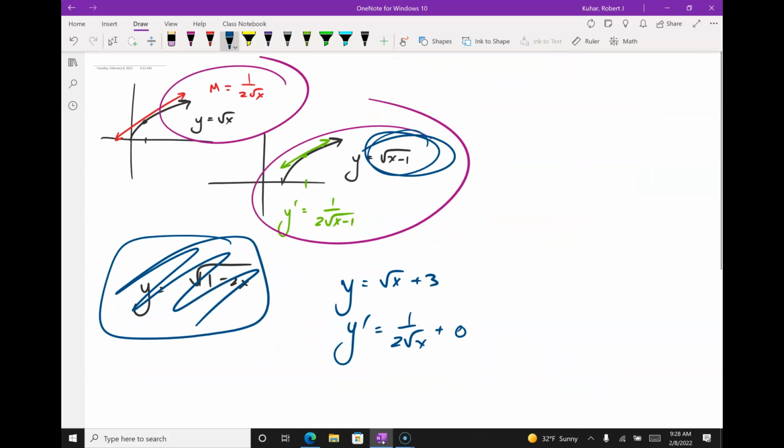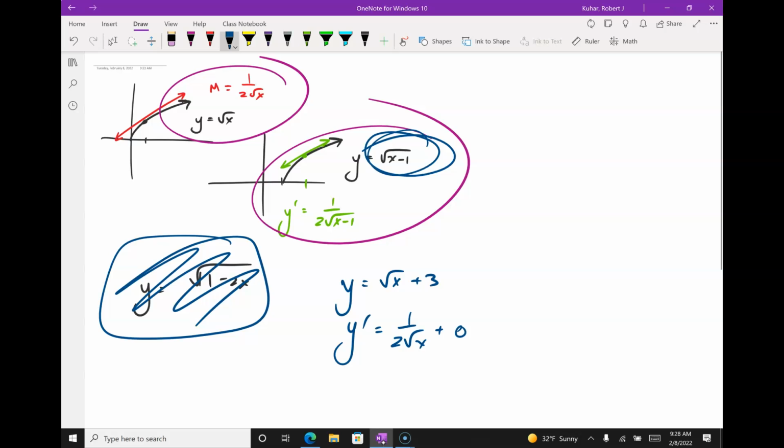If I've got some kind of shift in the horizontal direction, my slope, my derivative doesn't change. Right? It's the same 1 over 2 square roots of whatever is inside. And if I have a shift in the vertical direction, it doesn't change at all, because it just moved the mountain up. It didn't change the slope of my skis when it moved up, it just pushed my skis up, right? Pushed the slope up. Still the same slope, right?